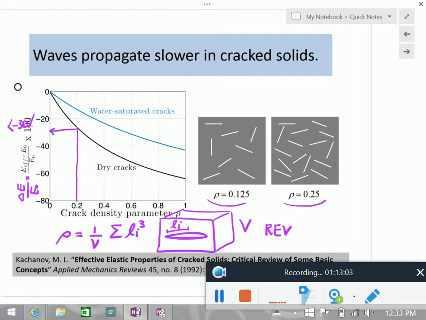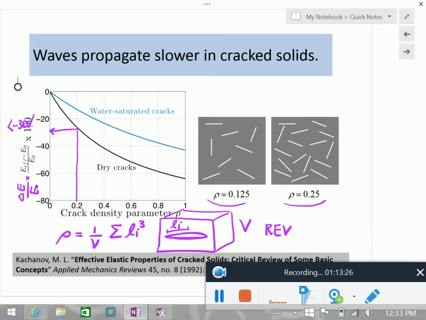So from these relationships, two things become clear. There is a relationship between change of stiffness and crack density. So if we have a way to measure stiffness, which we do by measuring velocity, we can back calculate the crack density in the material.